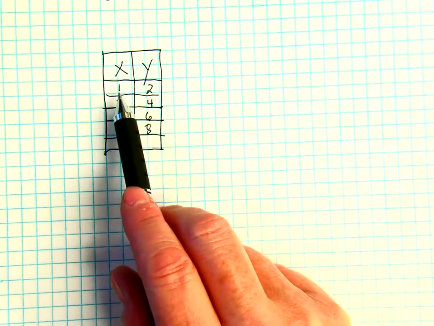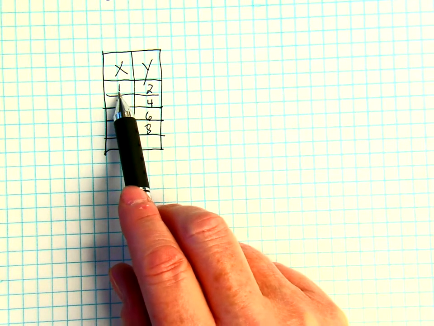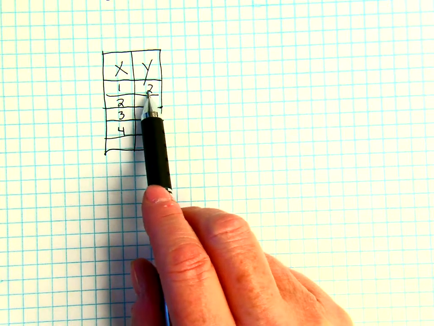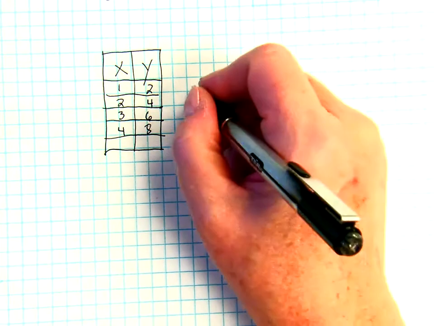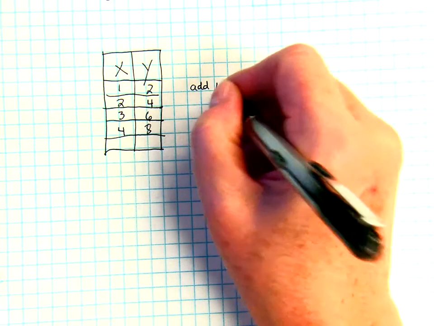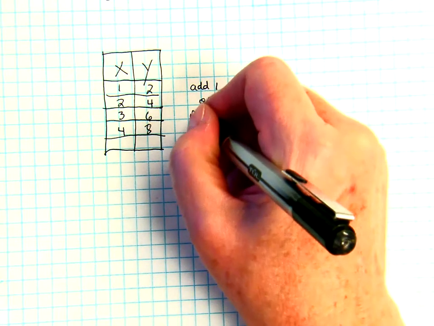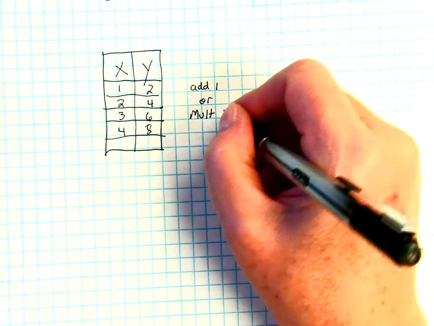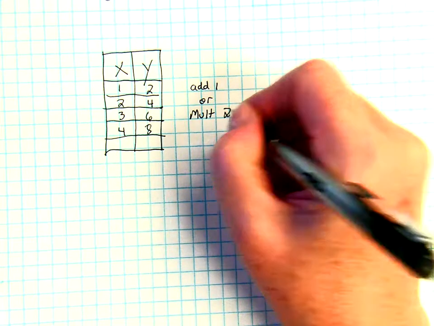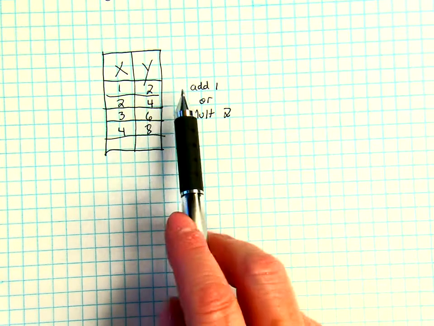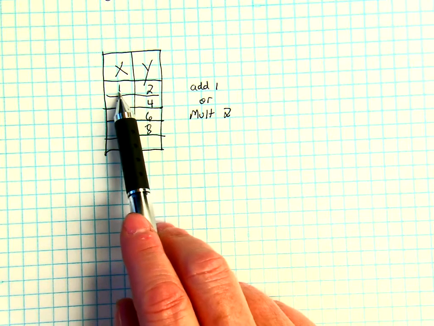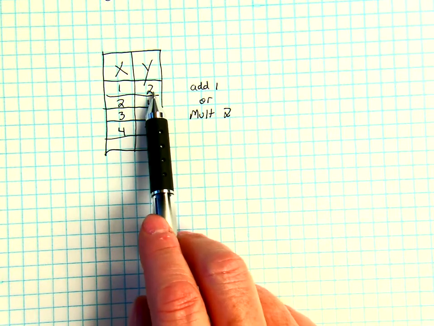So once again, what can I do to 1 to get 2? Well, two choices again. I can add 1, or I can multiply times 2. Okay? 1 plus 1 is 2. 1 times 2 is 2.